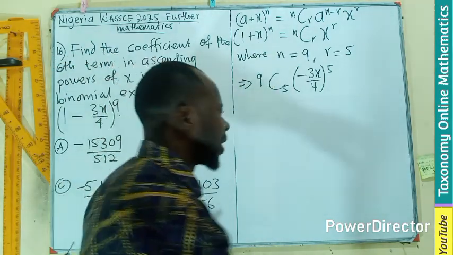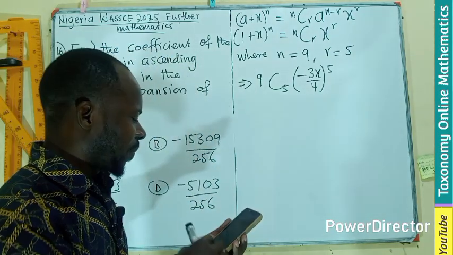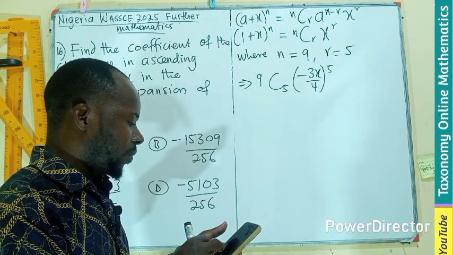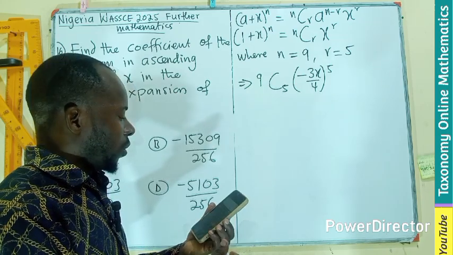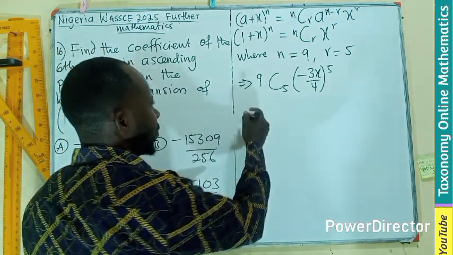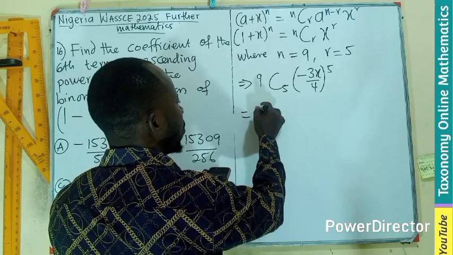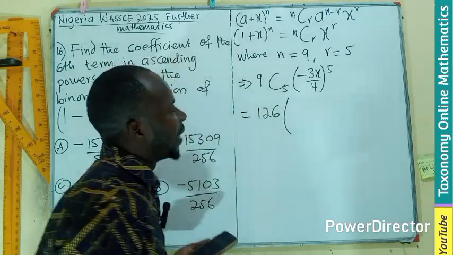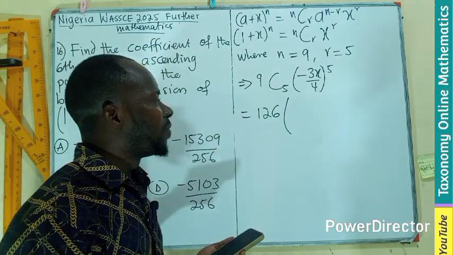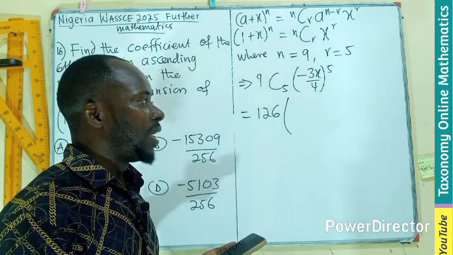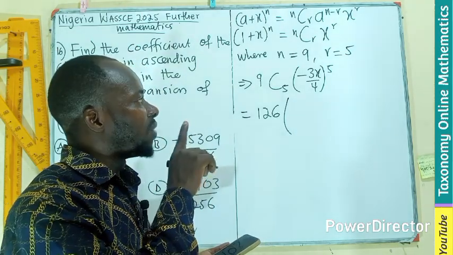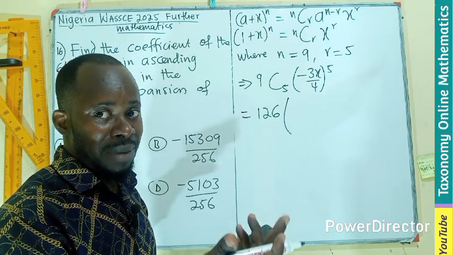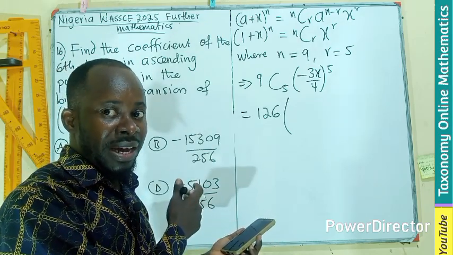So let's go. Can we do that on the calculator as 9 combination 5? Our 9 combination 5 is going to be 126. So that is going to multiply negative 3 exponent 5. Don't forget that 5 is an odd number, so your result will still be a negative value.